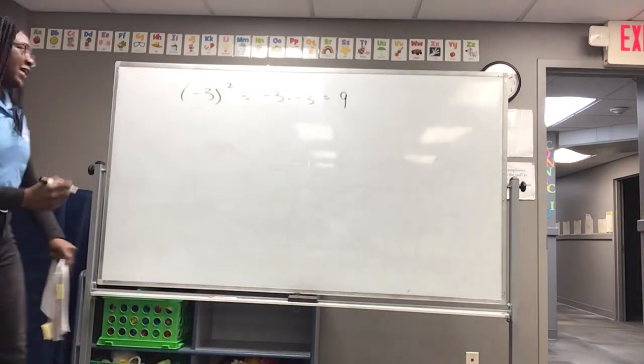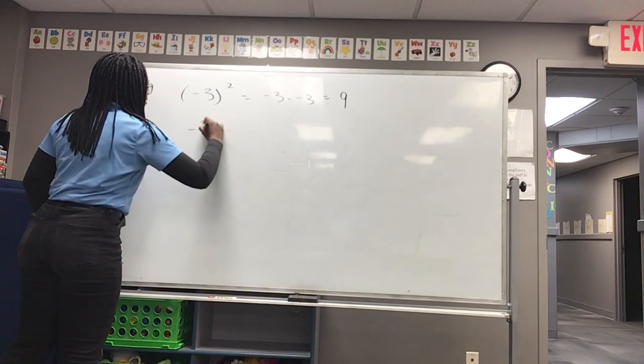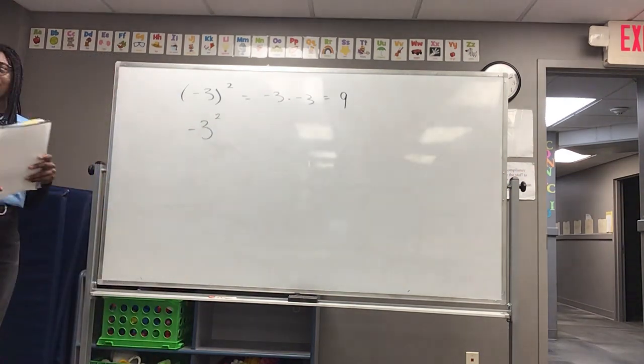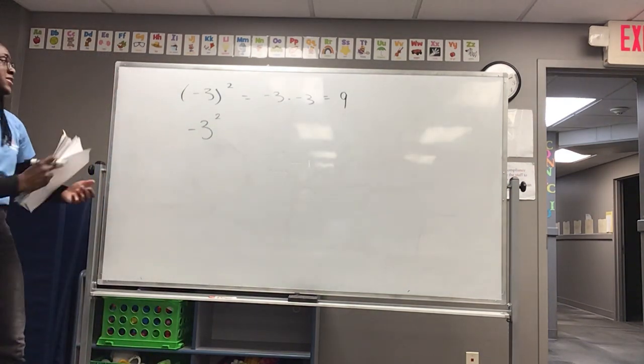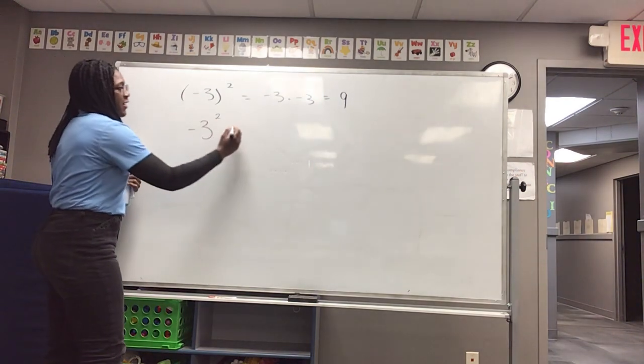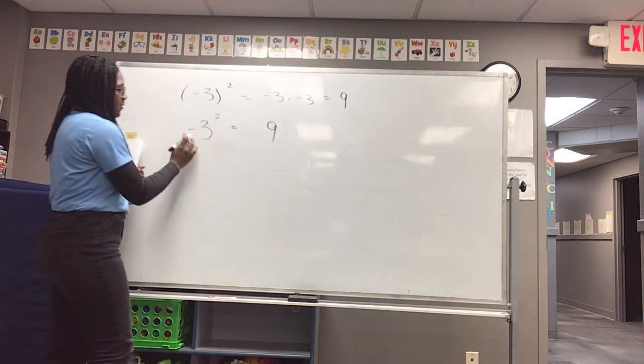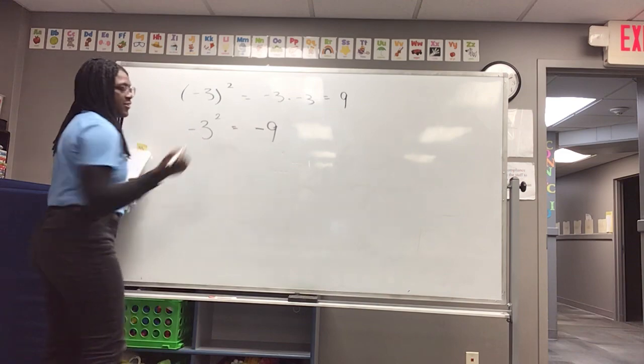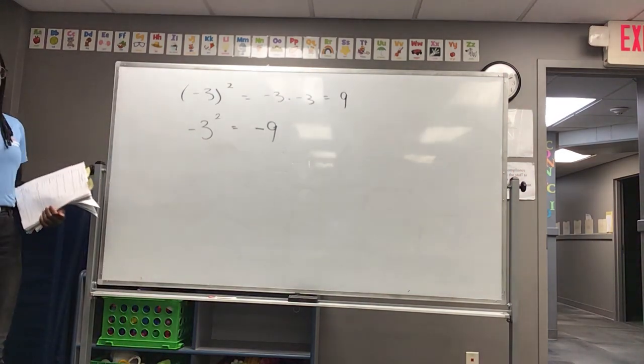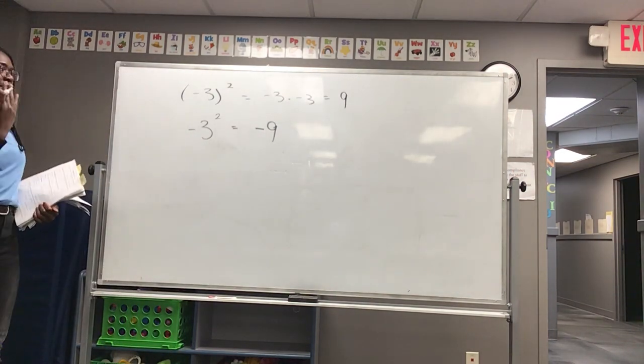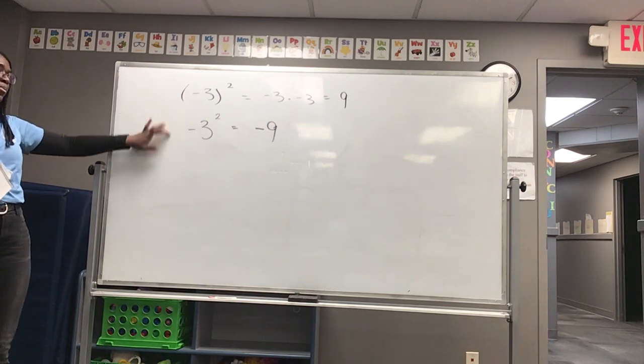But if someone were to write it without parentheses, -3 squared, we have to follow our order of operations. So what you do first is 3 squared, which equals 9, and then we also have to bring that negative along, so it'd be -9.